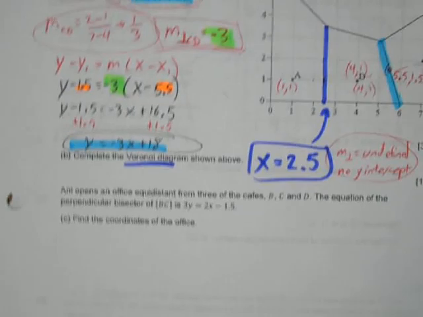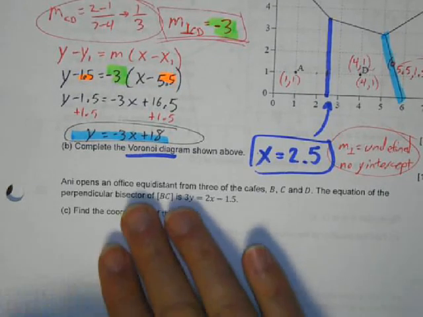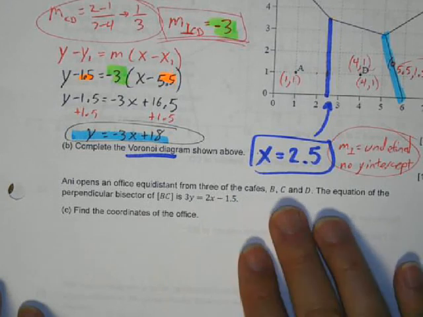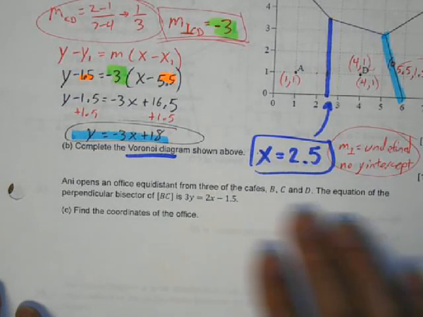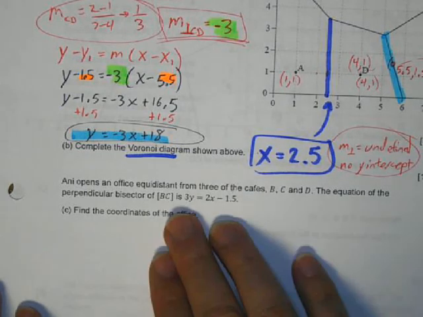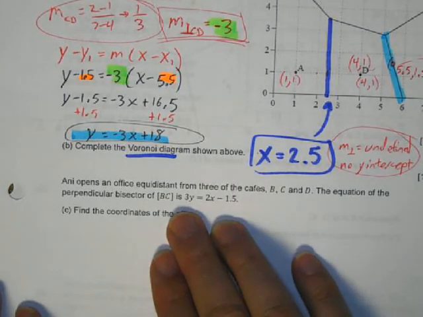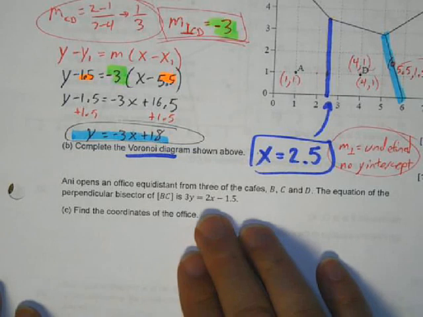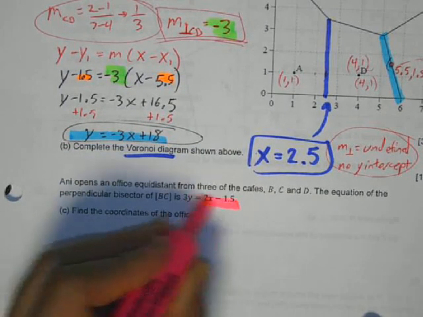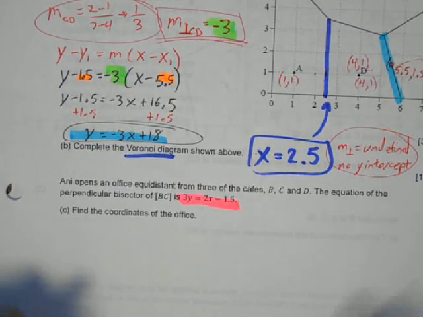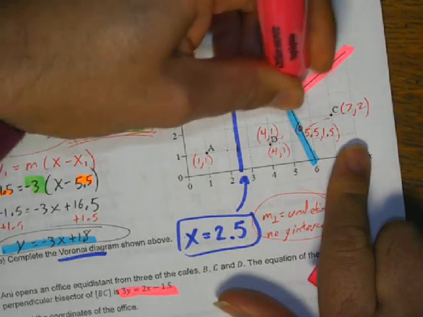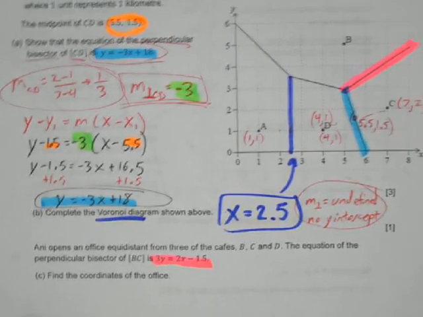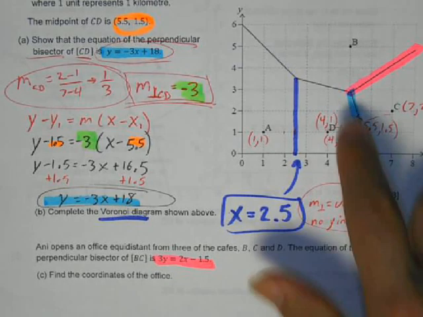Okay, Annie wants to open a new office equal distance from the cafes. The equation of the perpendicular bisector for BC is this value. The perpendicular bisector I've highlighted in pink. Here is B and C. That's my perpendicular bisector. Okay, so I want to figure out where these lines intersect.